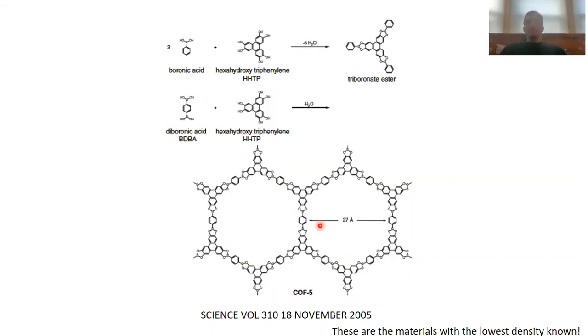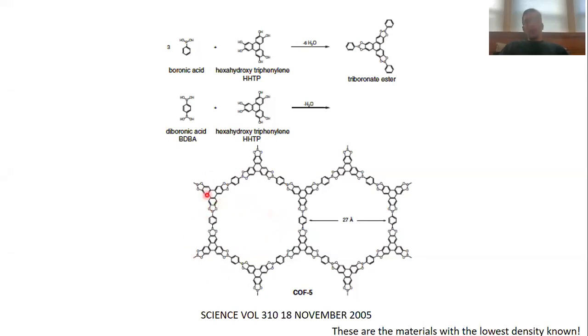They're also lighter than zeolites, which contain silicon, which is relatively heavy, and which do not have atomically thin pore walls. So these covalent organic frameworks are the record holders in terms of lowest density.